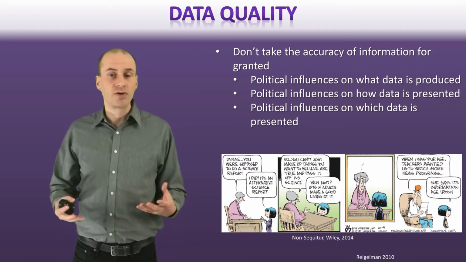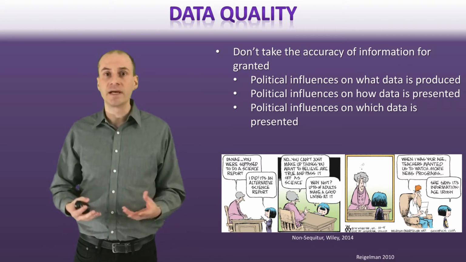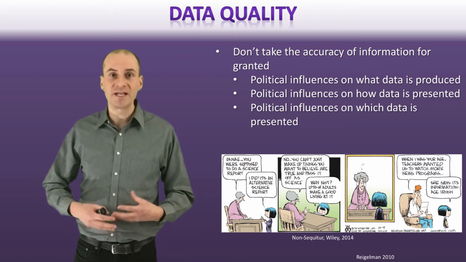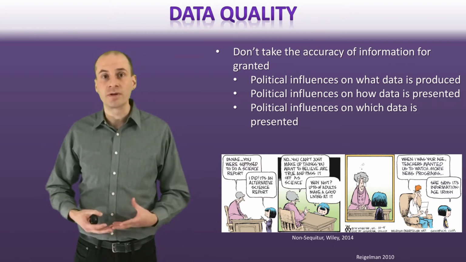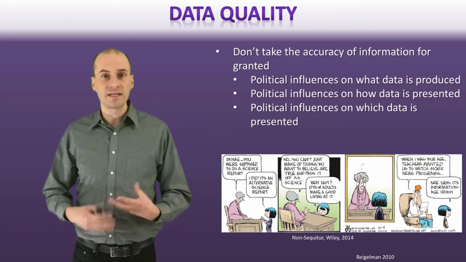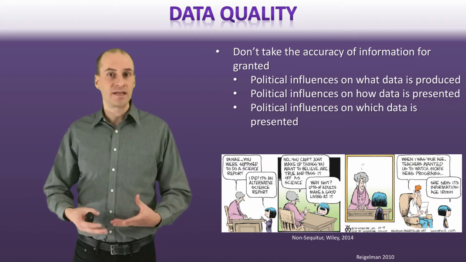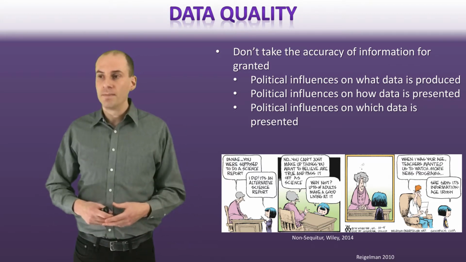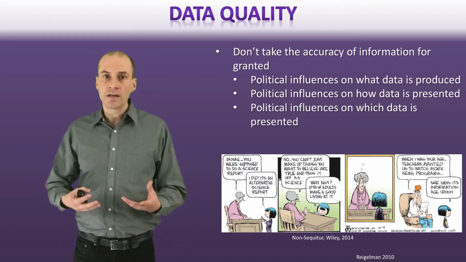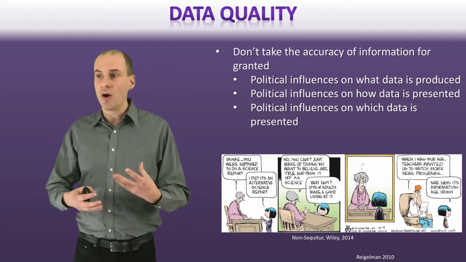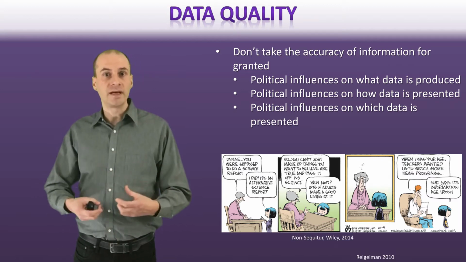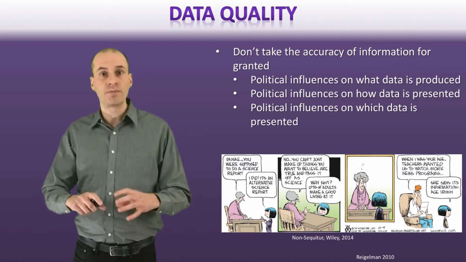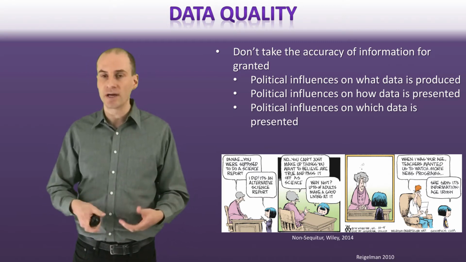There can also be political influences on what data is presented. Again, if you have an organization where you've got to show that what you're doing is important, well, you're probably going to choose the data that seems to most emphasize the things that suggest that you're doing a good job, right? And so that's both how you present it, how you contextualize the information that you have, and also which data you particularly choose to present to the public.